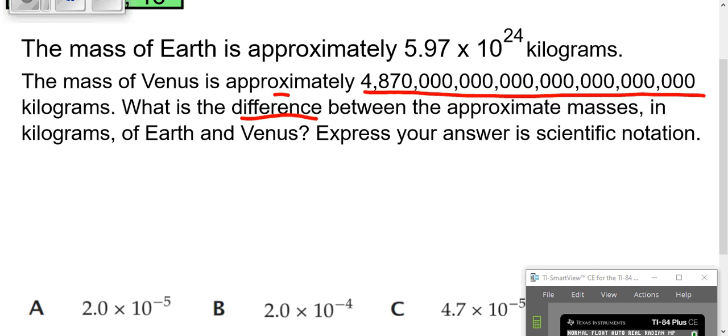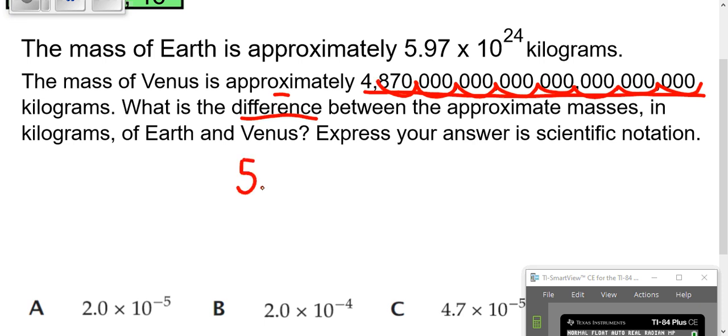So obviously this long number can't fit into the calculator, so I'm just going to move this and make it scientific notation. So remember when I was saying that you count by threes? So this is 3, 6, 9, 10, 11, 12, 13, 14, 15, 16, 17, 18, 19, 20, 21, 22, 23, 24, and that makes it nice to subtract.